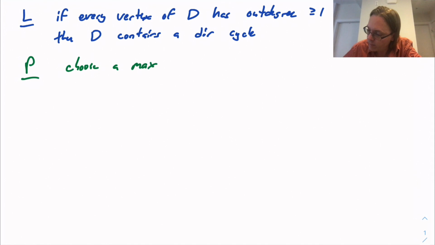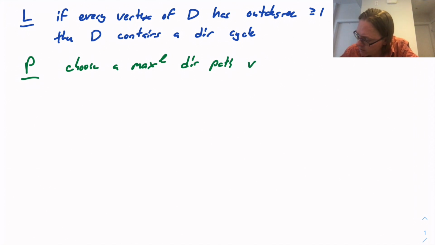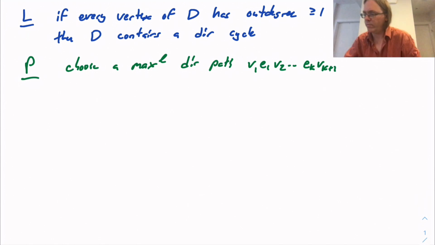So let's choose a maximal directed path P, in fact, I don't even need to name it. I'll just say V1, E1, V2 on up to EK, VK plus 1. I don't know why I'm not drawing this in picture form.